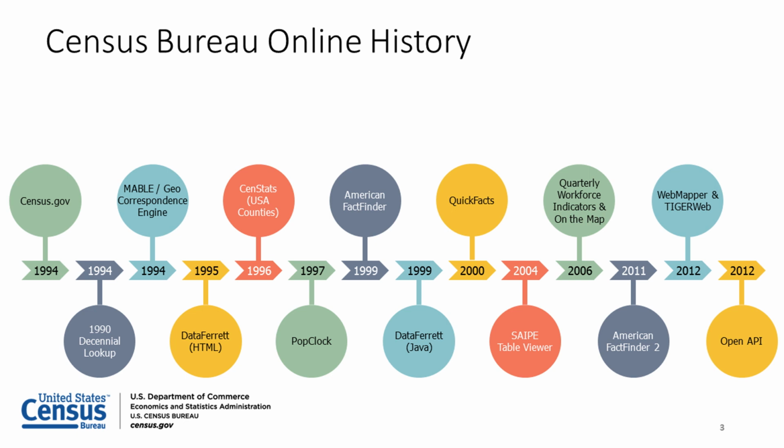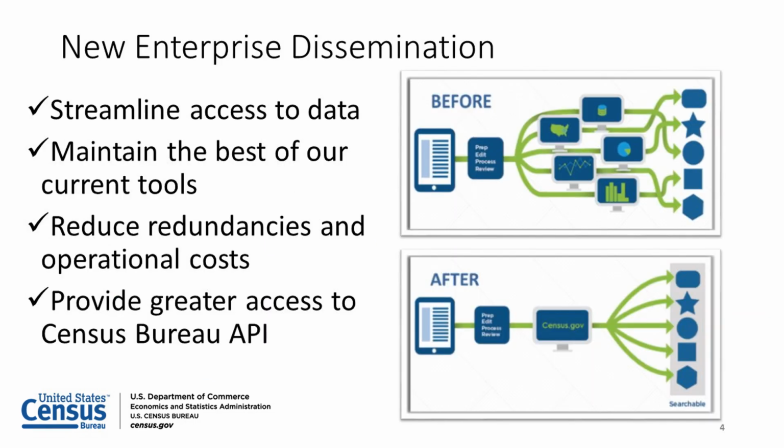So that's what we're trying to do here, create something that's all on one platform. This idea of enterprise dissemination is trying to streamline access to data. We'd like everything available off census.gov and searchable off census.gov.